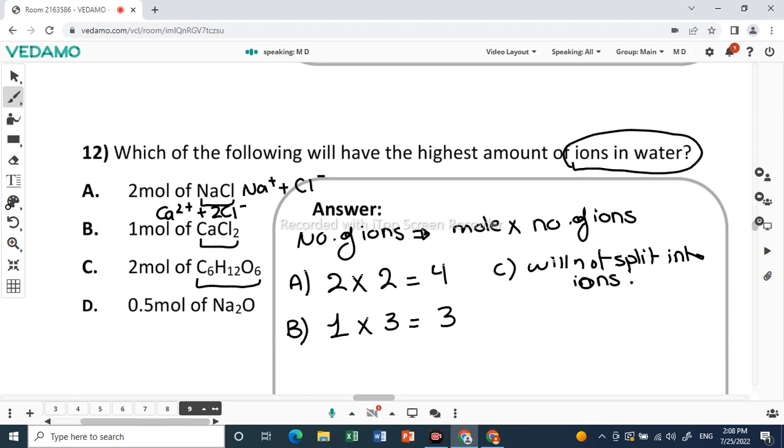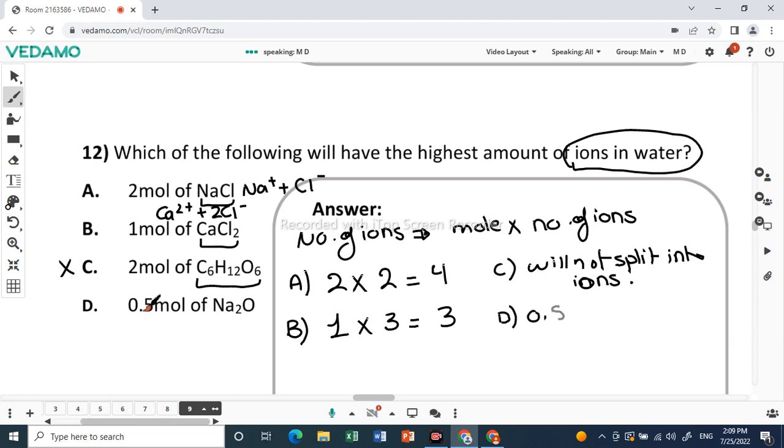So you will become familiar with ionic and covalent, the difference between them, and you will know why C is considered a molecule, the type of bond presented, and the intermolecular forces. But for now, of course, this is not ionic. It's molecular and it will not split at all into ions. So definitely this is incorrect.